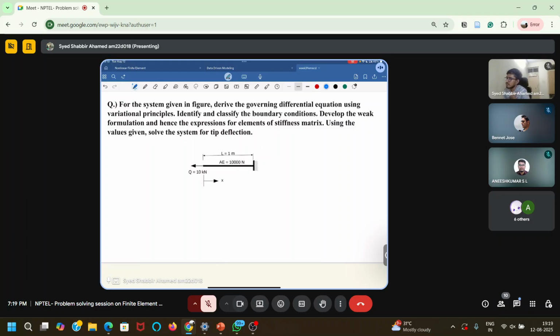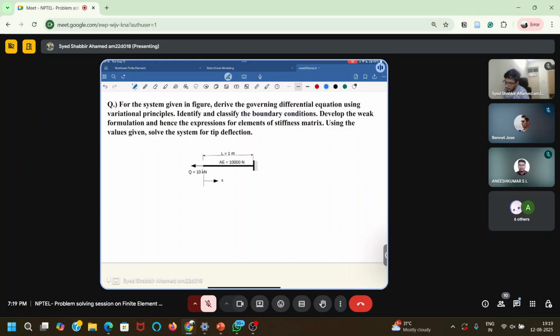We will see. So we have a bar like this, with a load of 10 kilonewton acting on the free end, and these are the properties of the bar. A is 10,000 newtons, L is 1 meter.